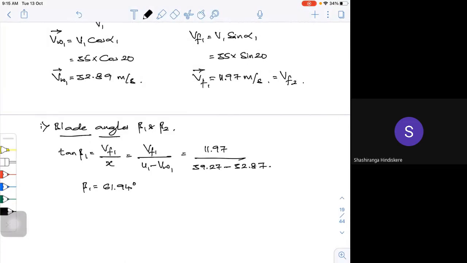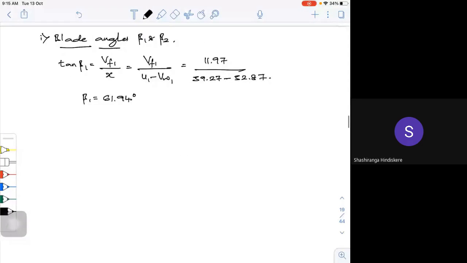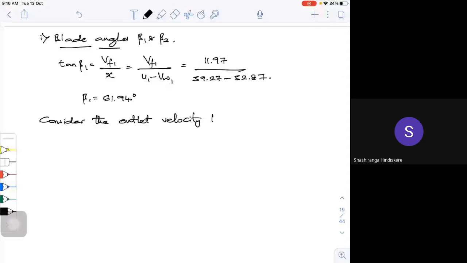Okay. Now, if I want to find beta 2, I should consider the outlet velocity triangle. Let us go to this actually.